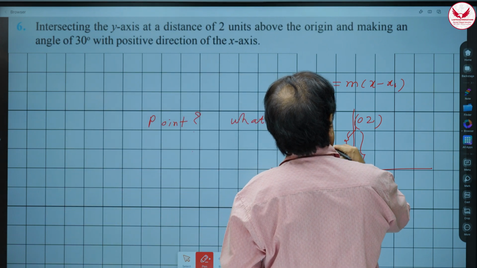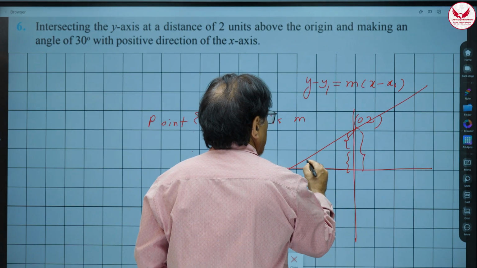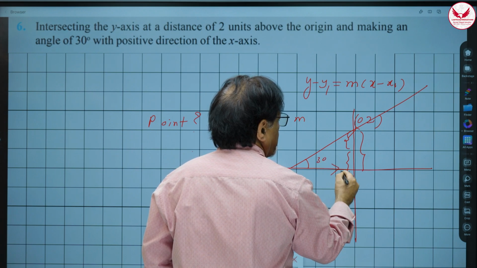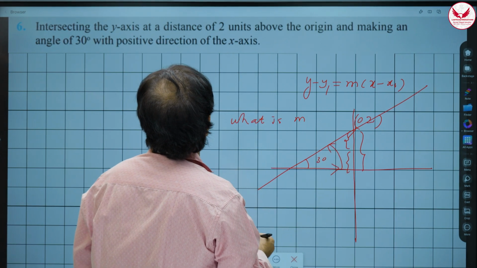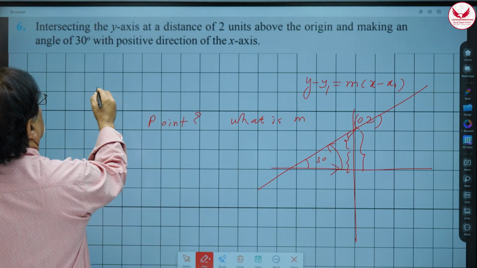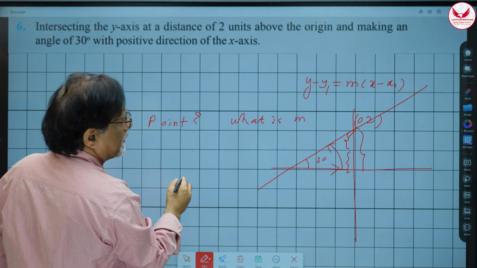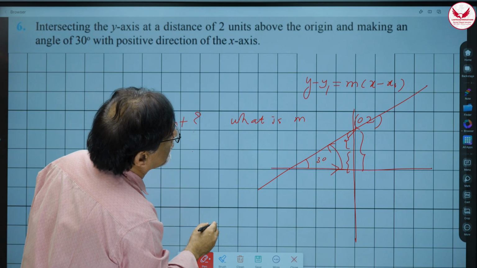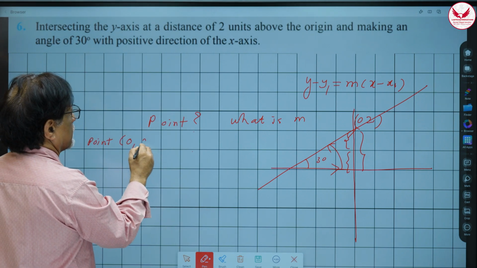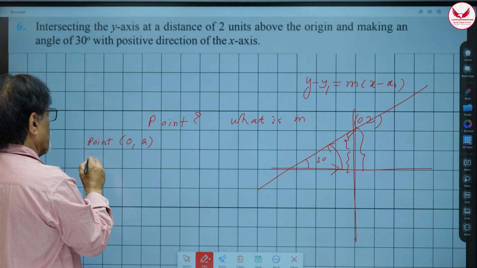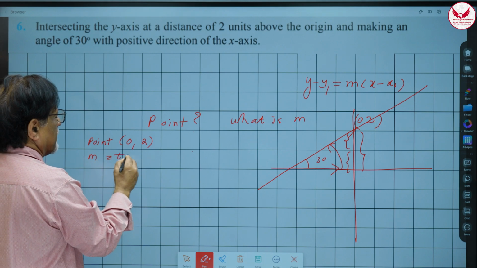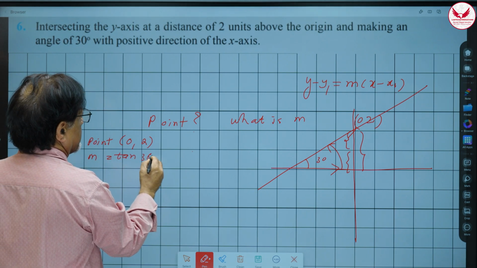That means the line must pass through this point and make an angle of 30 degrees with the positive direction of the x-axis. So the point through which it passes has coordinates (0, 2) and slope m is nothing but tan of 30 degrees.